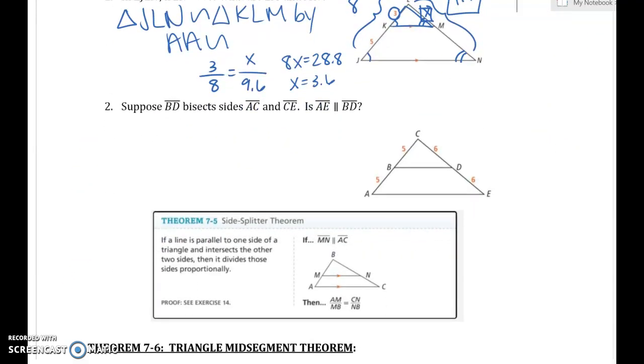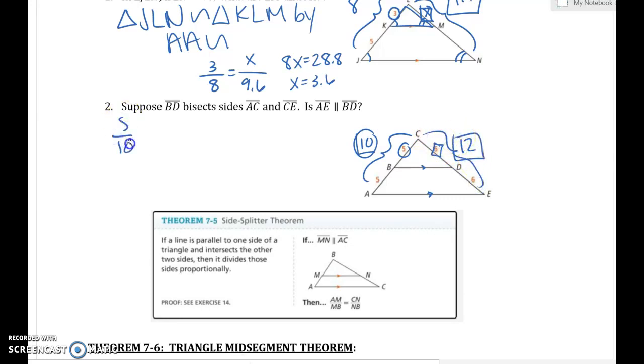Okay, if we look here, if BD bisects AC and CE, we want to know if these are parallel here. So basically we need to see if 5 over the total of 10 is equal to 6 over the total of 12.